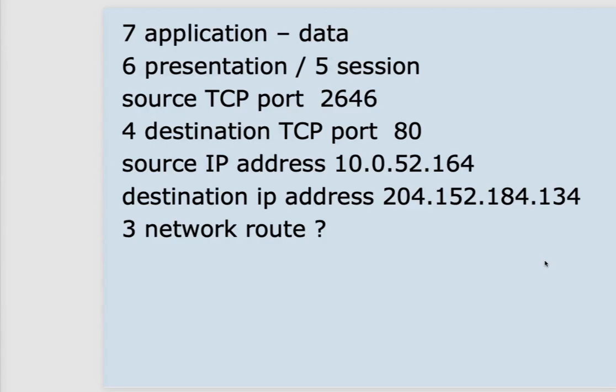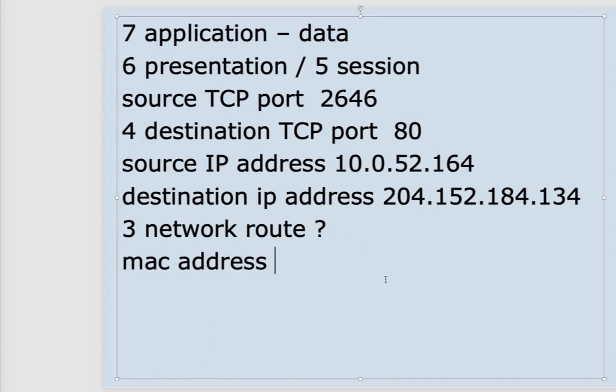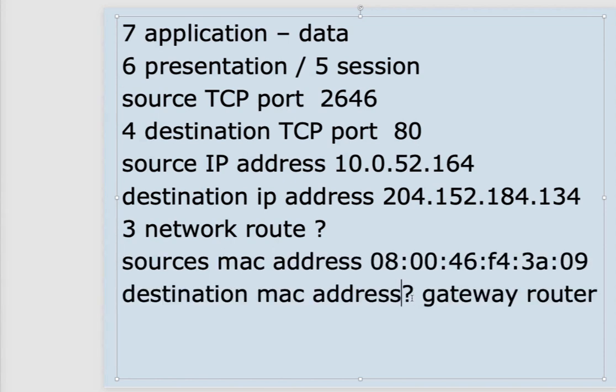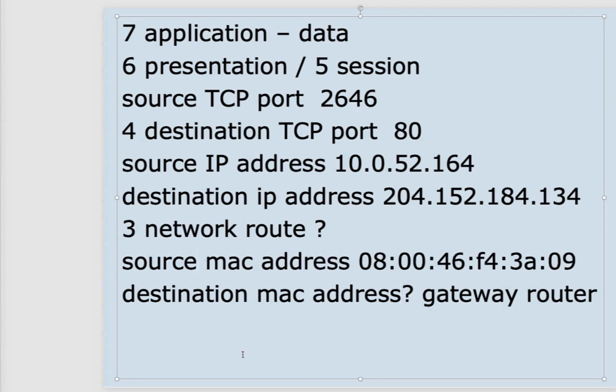We're going to need to be able to find the media access control address, the MAC address, of the first hop on our way there. So I know my own MAC address, the address burned into the interface that I want to send my packet out of. The first place I would look for that destination MAC address would be the MAC address of my gateway router, if this is, as I know, not on my local area network.